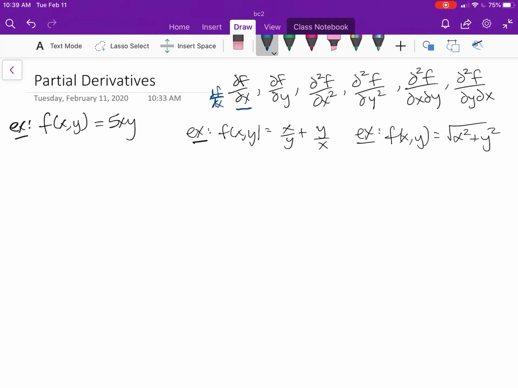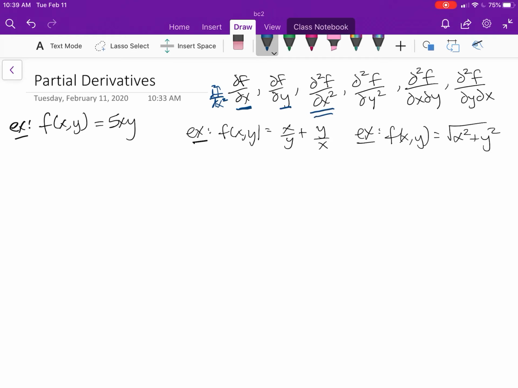And the reason we use this different looking d here is there is more than one variable, so this is telling us we are taking a partial derivative of the function with respect to x or y. Just like a second derivative, we put a squared on the d and the x. Same thing here.